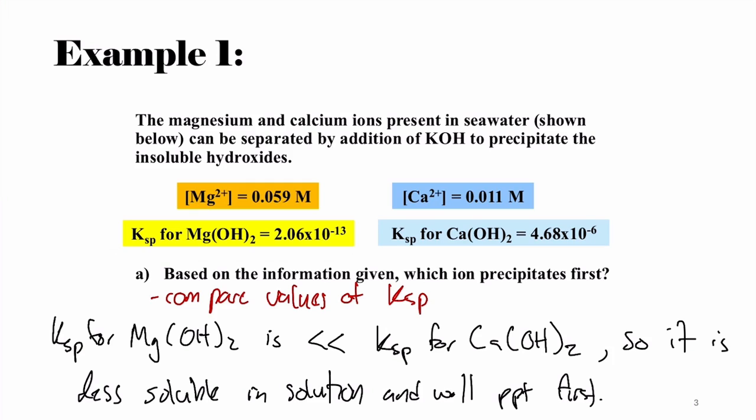We don't have values for Q necessarily, because we don't have any value for KOH. What's the turning point between a saturated solution and an unsaturated solution? Or an unsaturated solution and an oversaturated solution, depending on which way you're looking at it. What's the special point in between those?